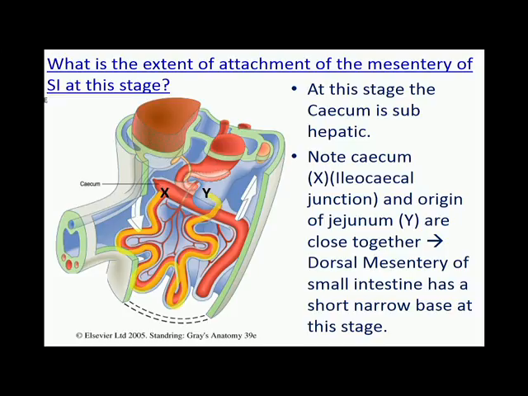Right? So if there's a subhepatic cecum, without the cecal descent, the midgut will have a very narrow based mesentery. From there to there only. Initially it goes from there to there. Because of the rotation it comes like here. It has a very narrow base. What is the risk? It can twist, because it has a very narrow base. So the bowel loops can twist easily. Okay? Now, that is why the cecal descent is important.